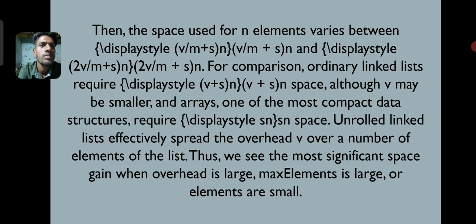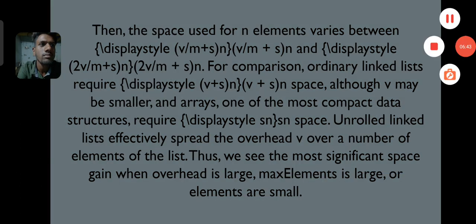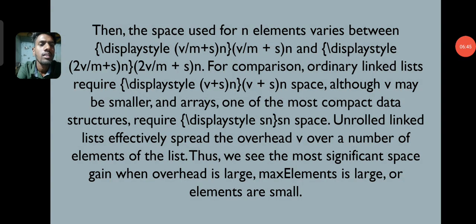Then the space used for n elements varies between v by m plus s times n, and 2v by m plus s times n.